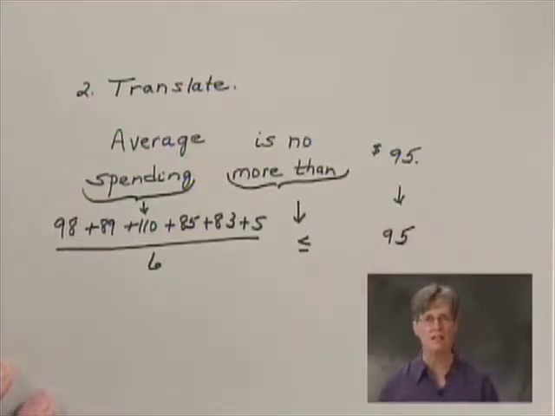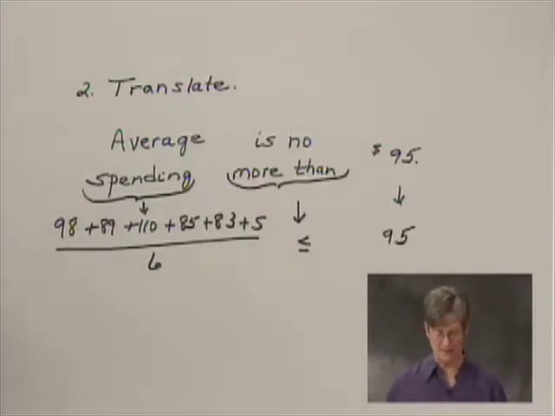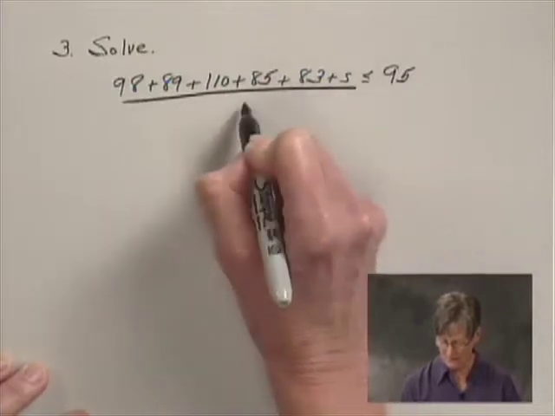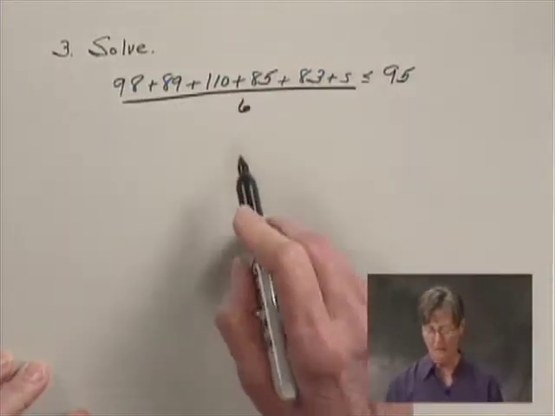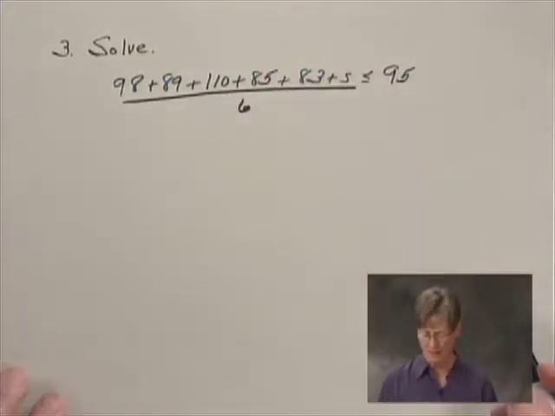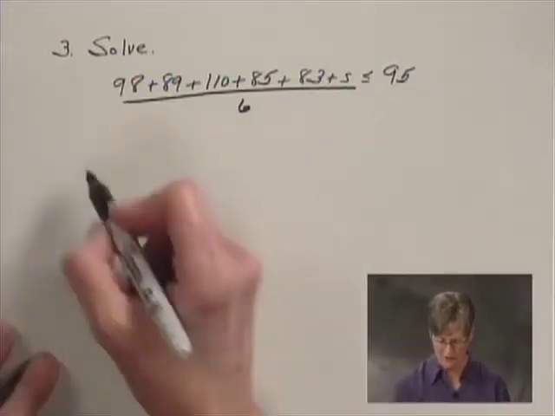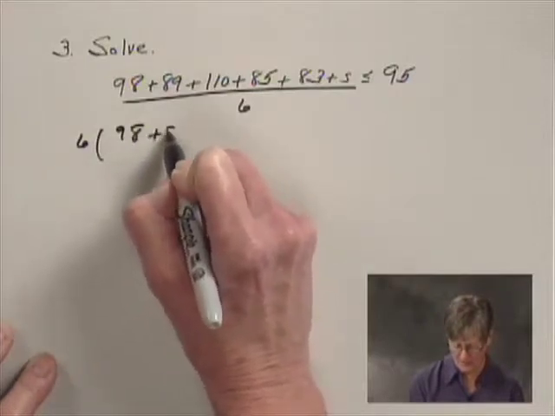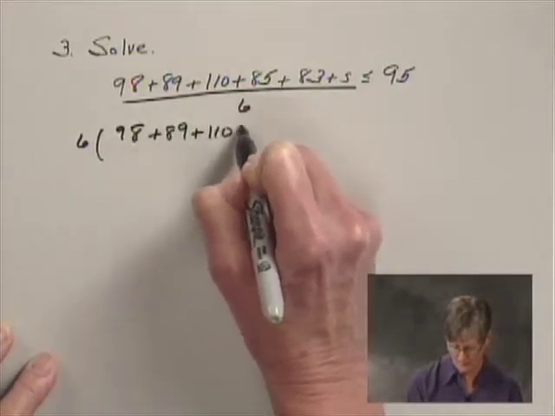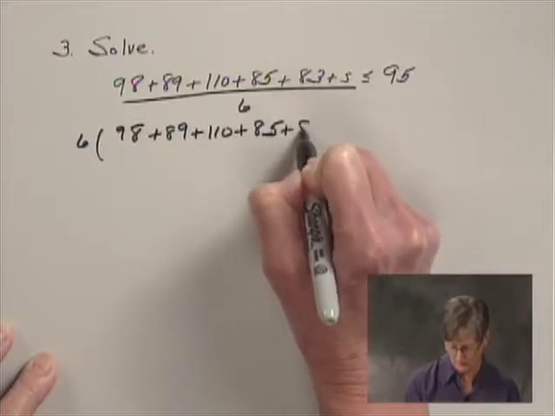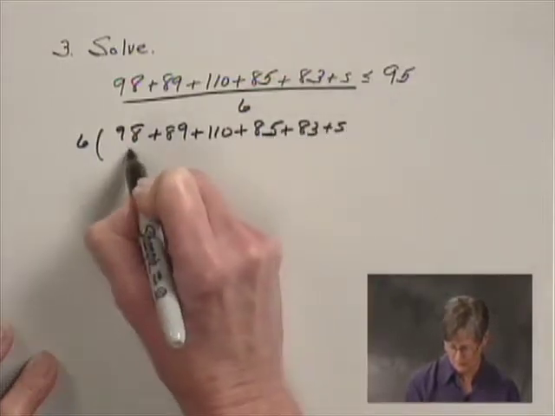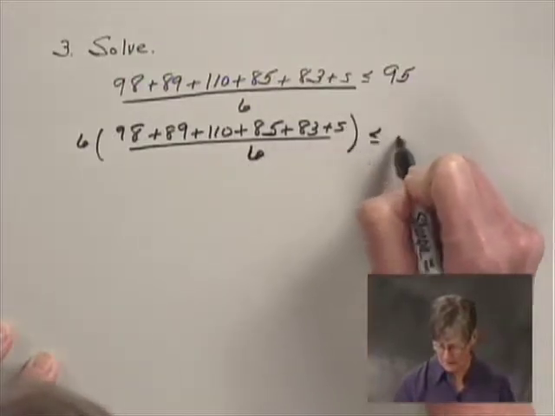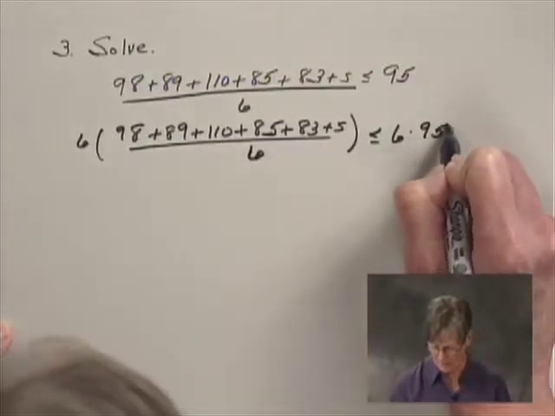So we have an inequality here that we need to solve now. And let's go to the next step in the process and do that. This is all over 6. We begin by multiplying both sides of this inequality by 6 to clear the fractions. So I'd have 6 times this expression on the left-hand side, and that is less than or equal to 6 times 95.